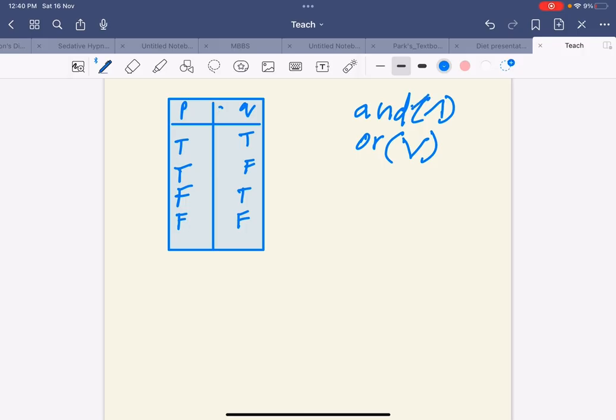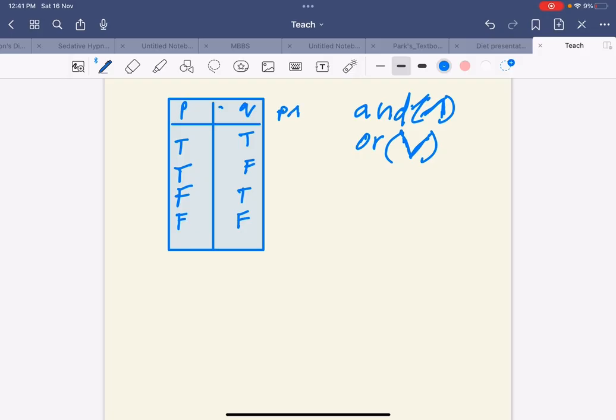And is up and or is down. Just remember it like this is negative, so it's down, and the other one it's up. Just remember disjunction and you can easily write the conjunction. So next step, let's do the conjunction.